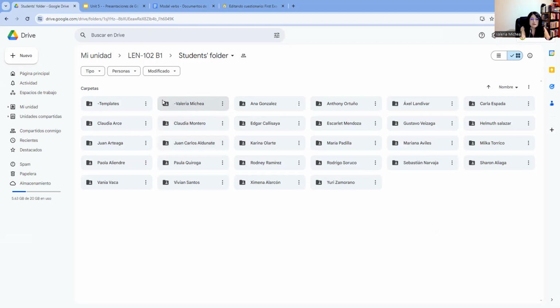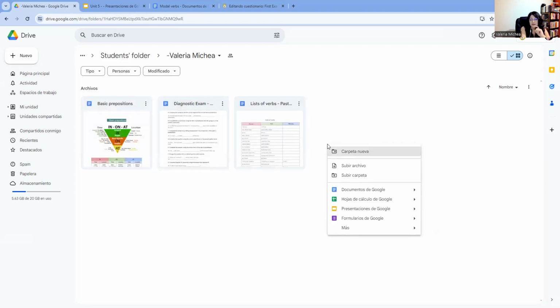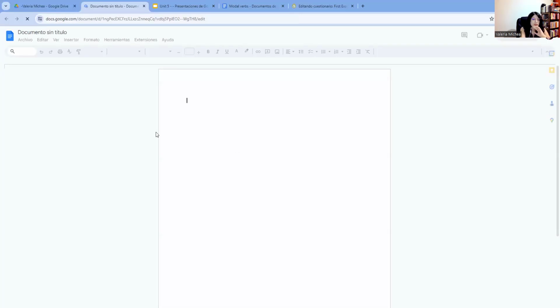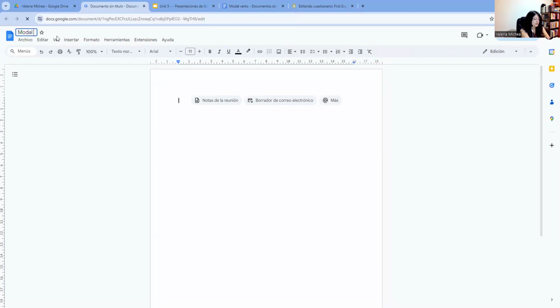So I'm going to use my folder to give you an example of what you need to do now. We're going to use the last half an hour of the class to write a text. So you go to your personal folder on Drive and you create a Google document. And then you can write modal verbs or whatever title you want to use.